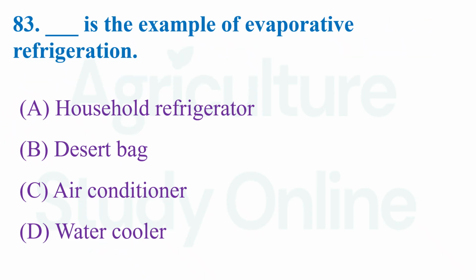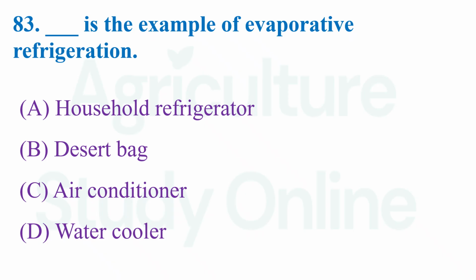Question 83. Dash is the example of evaporative refrigeration. So evaporative refrigeration basically means cooling by evaporation of water, and no compressor or refrigerant cycle is there. So first one, that is household refrigeration. But in household refrigeration, we will use vapor compression cycle. Desert bags. So in desert bags, it works on evaporative cooling, but it's not a machine.